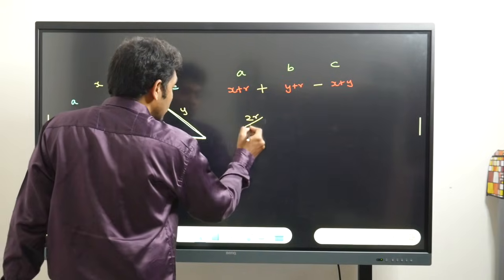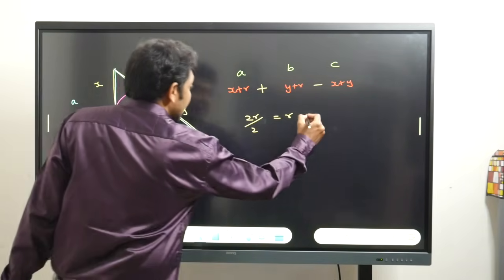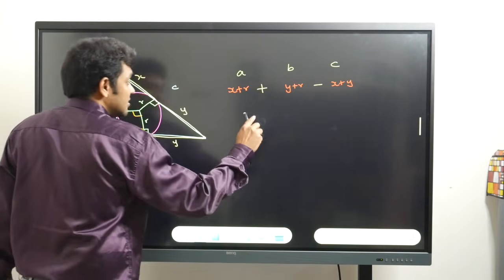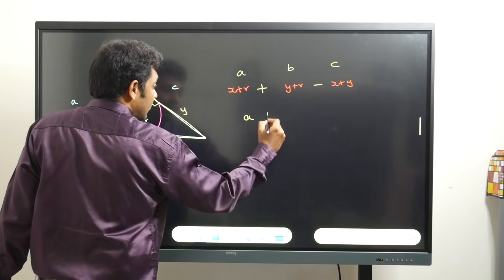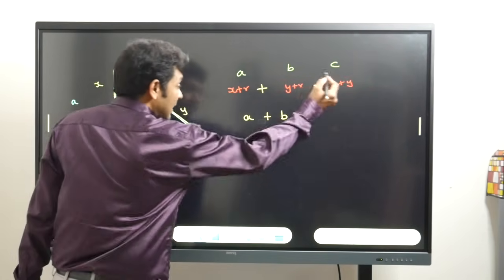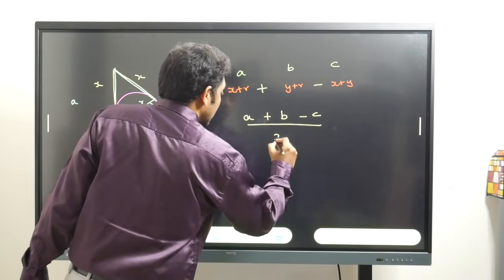If I divide by 2, I'll get r. Am I right? Hence, can I say r is nothing but first equation, which is A plus B minus C, which is 2r. Divide by 2, I'll get r.